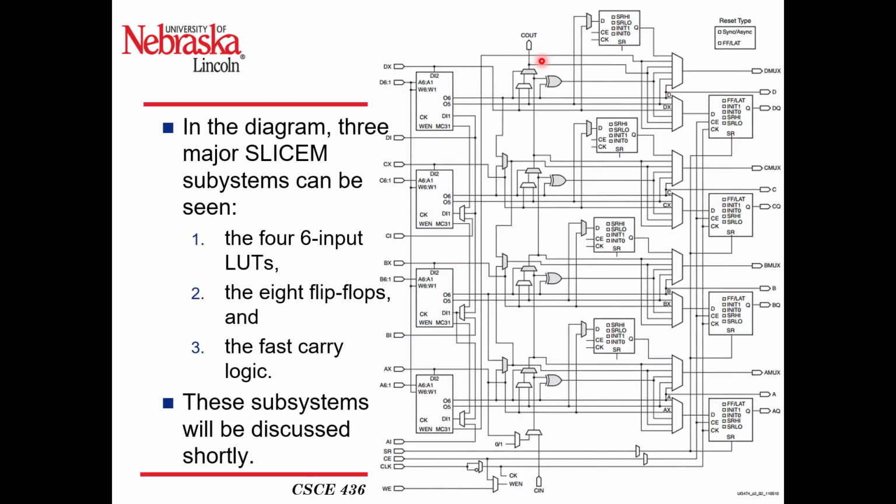So in one of these slicems, in each slice there are 64 by 1 RAMs, which are essentially these lookup tables that are set up as 6 input LUTs.